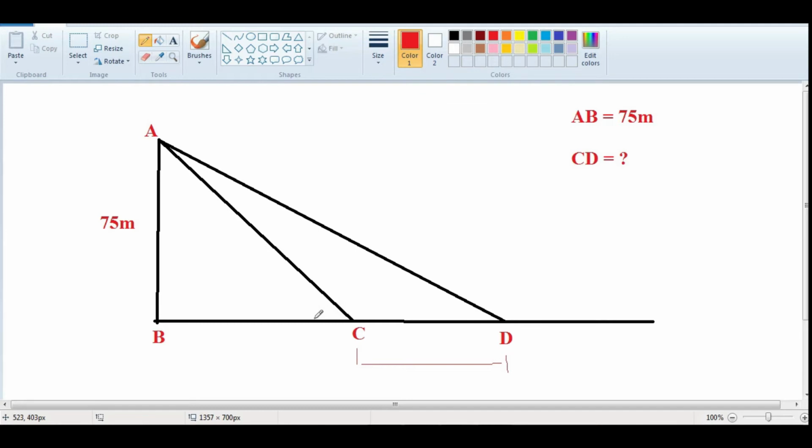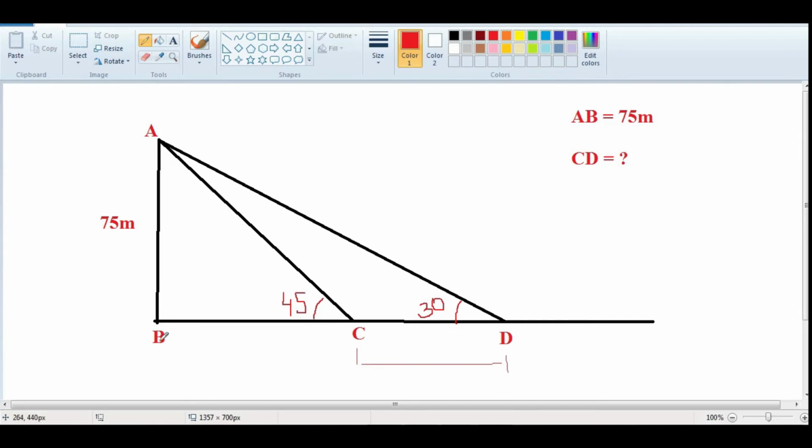Now this angle is 45 degree, and this one is 30 degree. Now what we can do? At first we can apply the tan theta formula in two triangles.